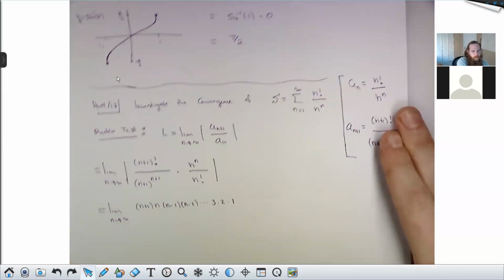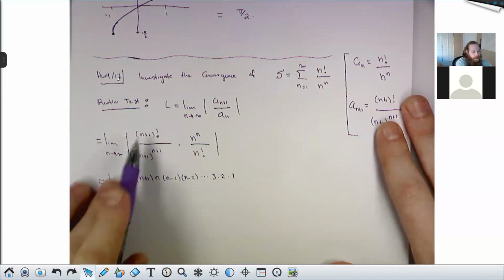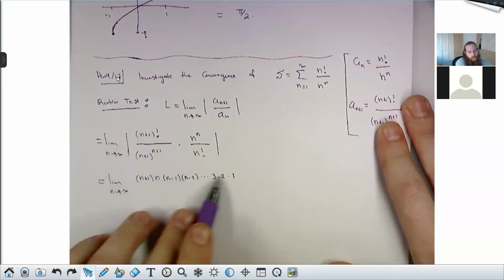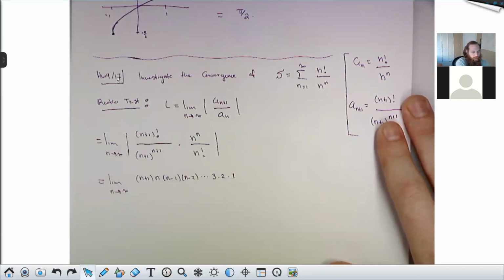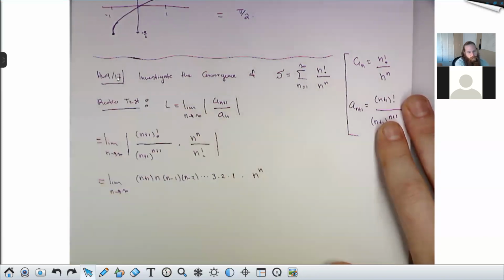That's what (n+1) factorial looks like. It's the product of all the positive integers less than or equal to n plus 1. So the factorial of anything you get by starting with that thing, then that thing minus 1, then that thing minus 2, all the way down to 1 times. n to the n is just n to the n.